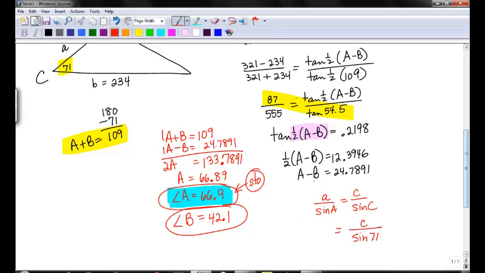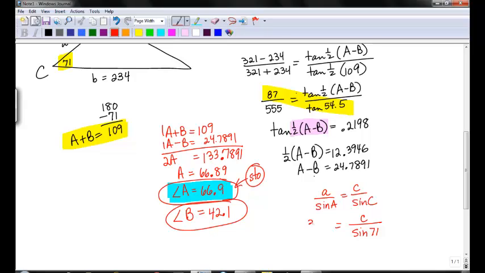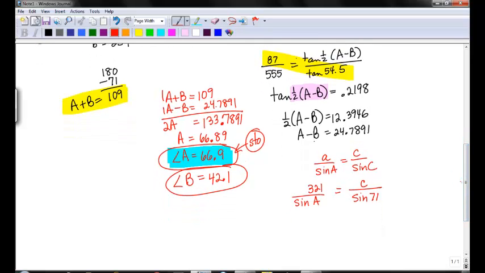A was 321, and I stored that alpha A. So we cross multiply. Take 321 sine of 71. I get 303.5. And then divide by sine of alpha A, because we stored it, and I get 329.98.